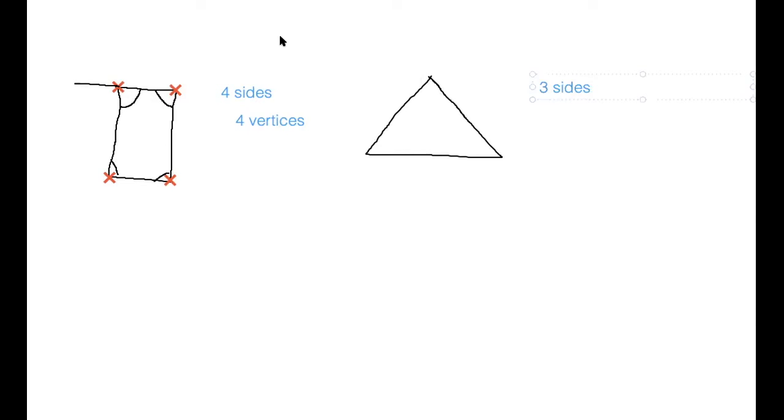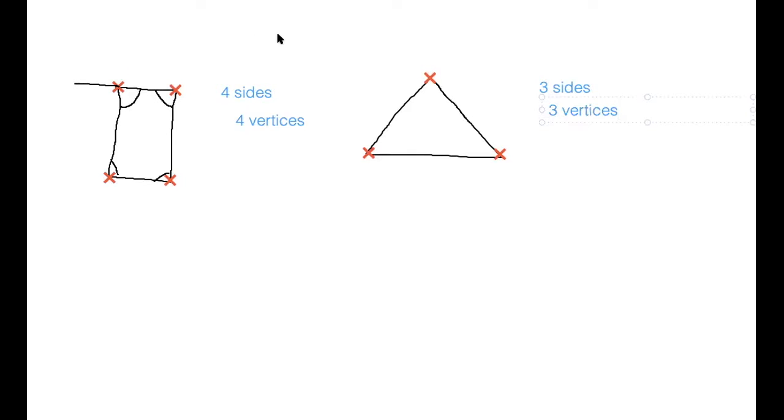Now remember that the vertex is where 2 sides come together in a point. So here's 1, here's 2, and there's 3. So there are 3 vertices. Great.